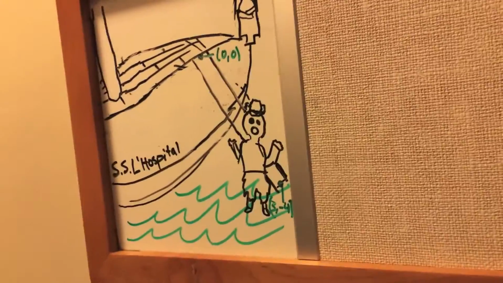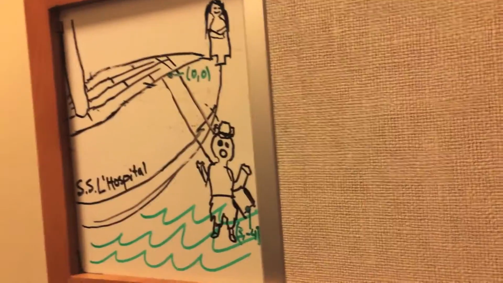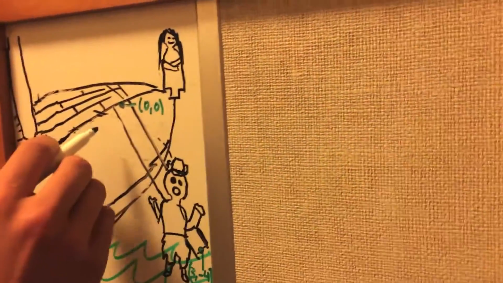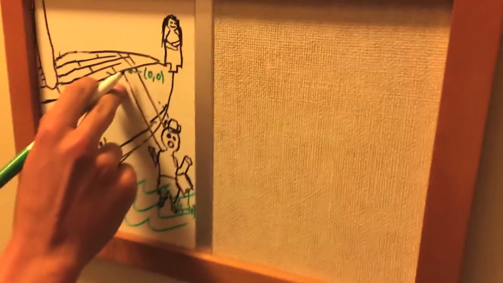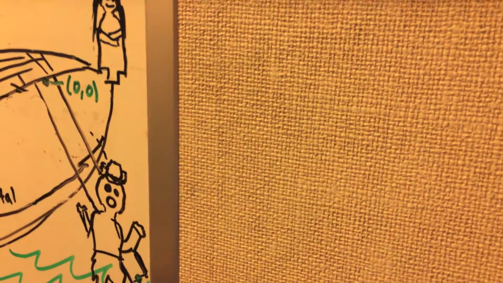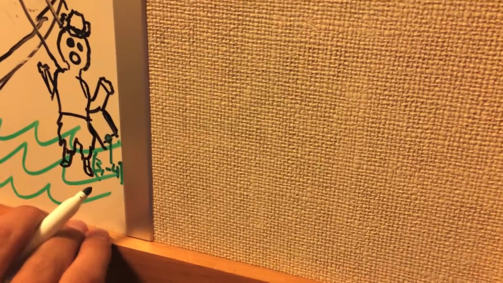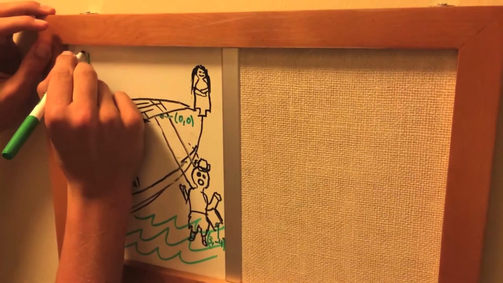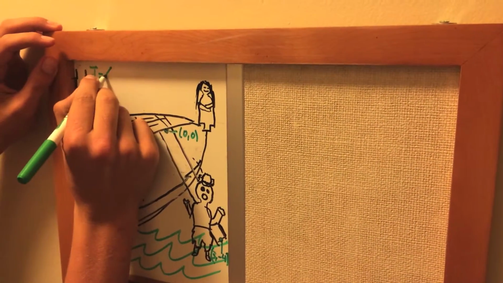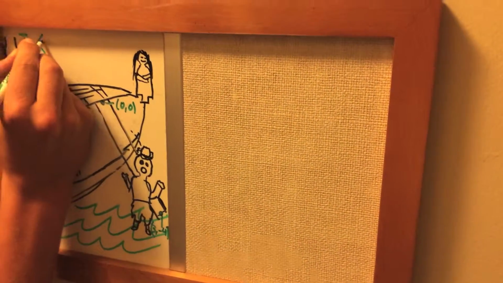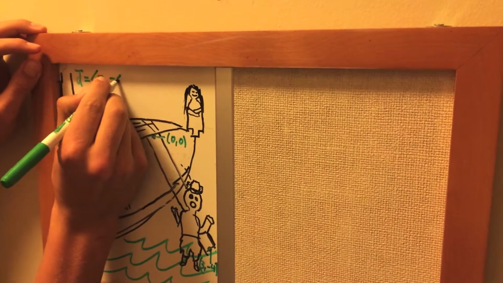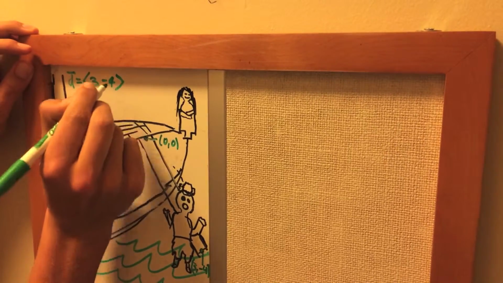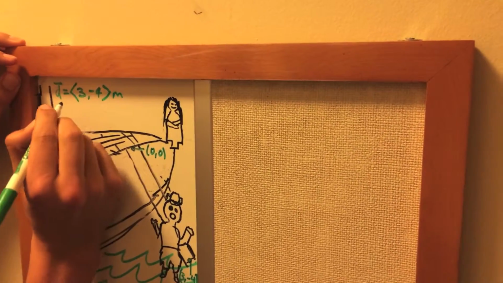So here's our previous drawing, except in this case, the plank is starting from the origin, (0, 0), and it's going down to (3, -4). So our distance vector, in this case, is just going to be this point minus this point, which ends up being (3, -4) meters.